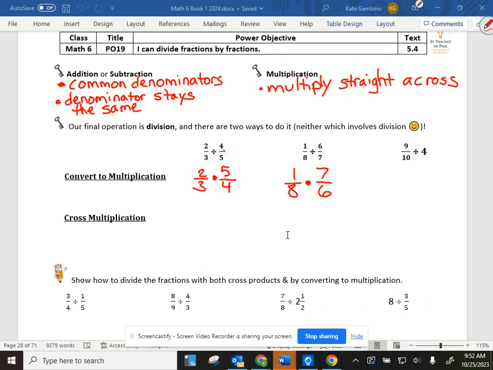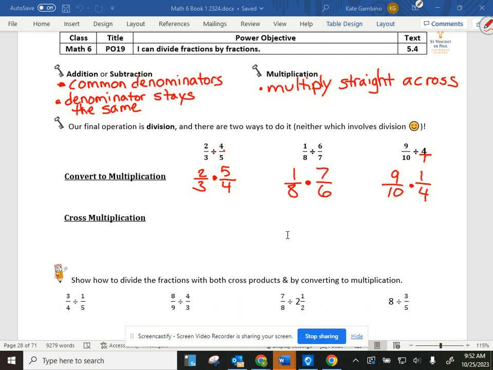9/10 divided by 4. What would that equation look like, Zelda? So it stays the same for the first fraction. Change that to multiplication, and you do 1/4, I believe. Yeah, because remember that 4, that whole number is really 4 over 1 as a fraction. Because we can take 1 out of that 4 4 times. So we could simplify 4 over 1 to be 4.